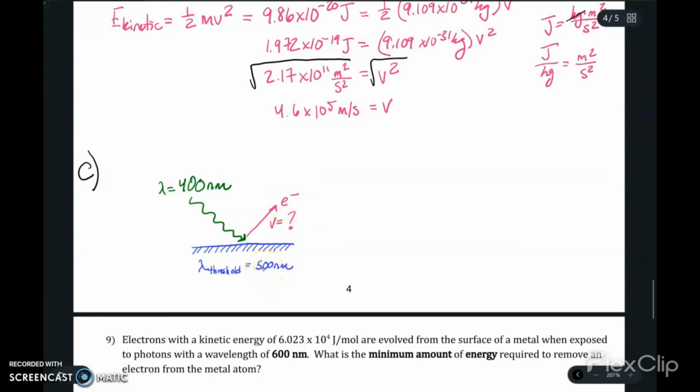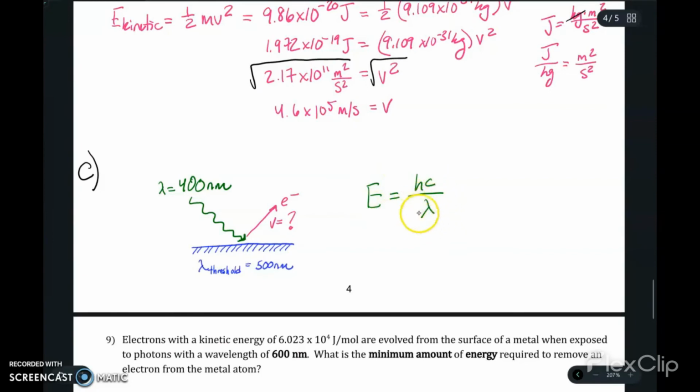So knowing your relationship between energy and wavelength, we can think about this with this equation: energy goes up when wavelength goes down, because they have an inverse relationship with each other. So if I put a smaller value in this ratio on the bottom, that smaller denominator is going to lead to a larger energy.